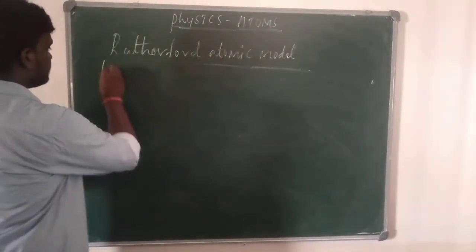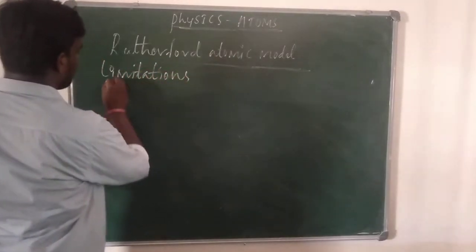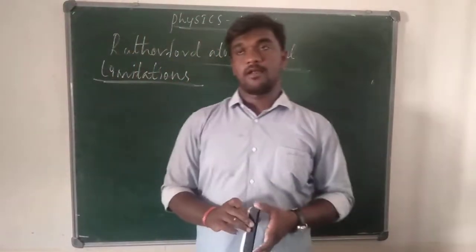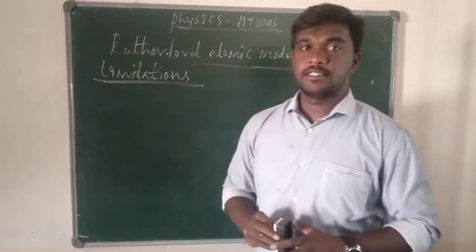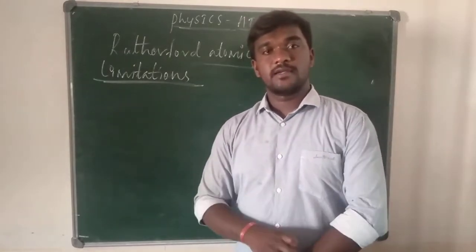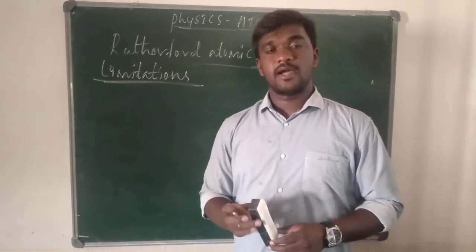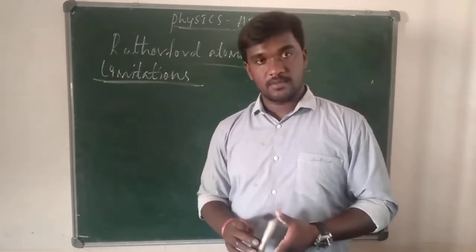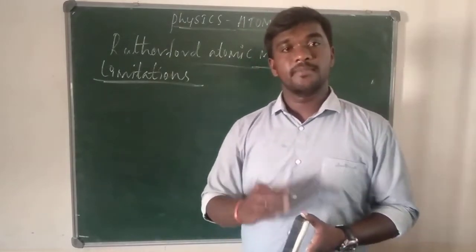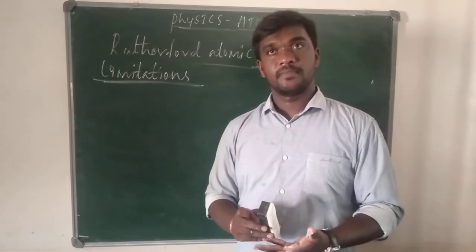Some limitations of Rutherford's atomic model. There are two limitations. One is, according to the classical electromagnetic theory, Maxwell's electromagnetic theory, a revolving electron radiates energy.